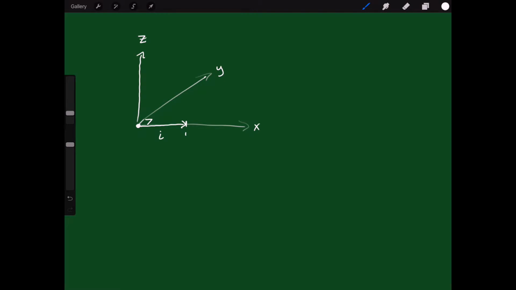Similarly, if I go out 1 in the y direction, I have a vector that points to 1 in the y direction, and I'm going to call that vector j. Similarly, in the z direction, if I have a vector that points up 1 unit in the z direction, I'm going to call that vector k.